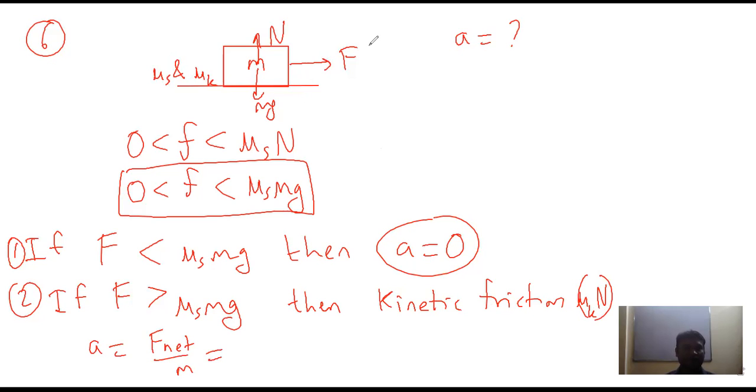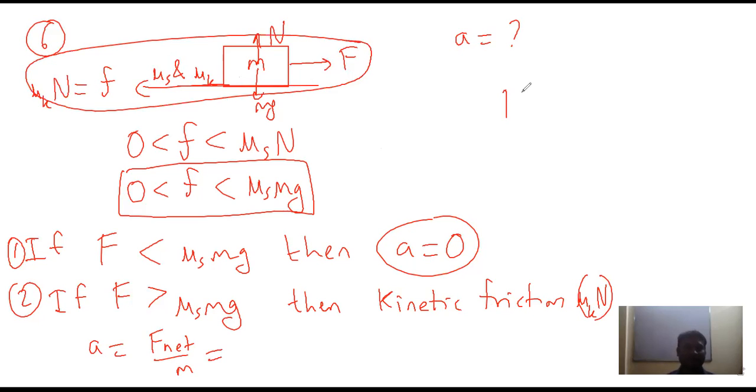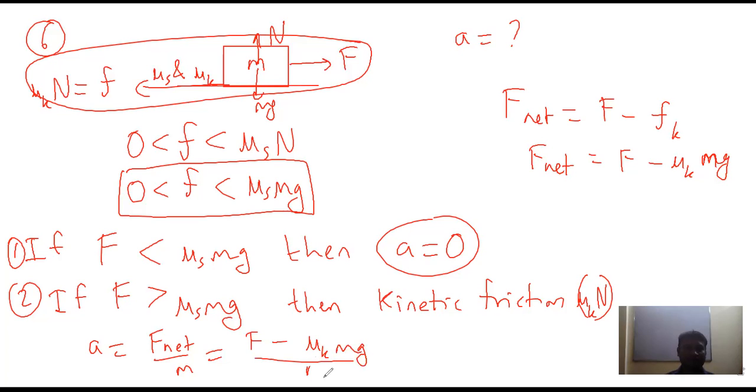Kinetic friction will act in backward direction, which is mu k into N. So net force will be capital F minus kinetic friction, which is mu k into N, which is mu k into mg. So net force is capital F minus mu k mg, upon mass m.